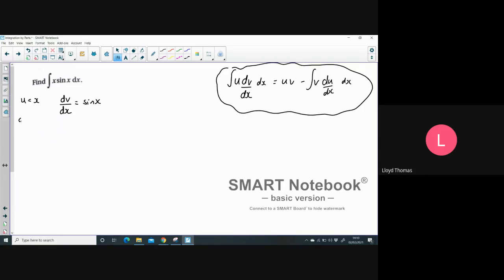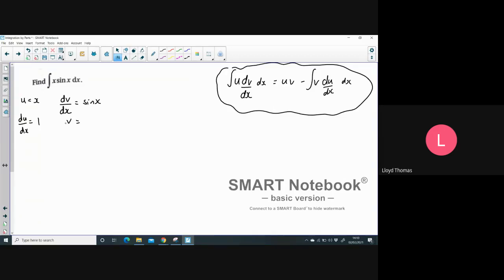I can get du by dx from u, and I can get v from dv by dx. So u, if I want to find du by dx, that's just differentiating, which is 1. If I have dv by dx and I want to get back to v, that's integrating, because you're going back from the differentiation to the original term.